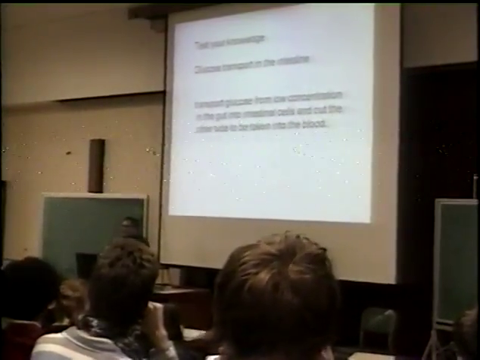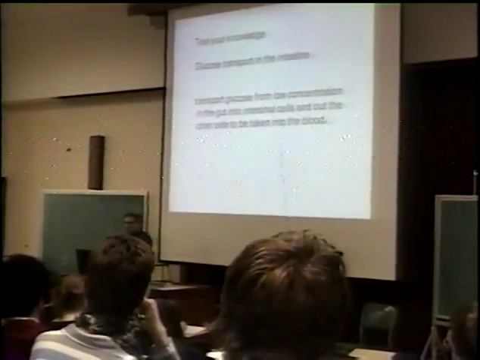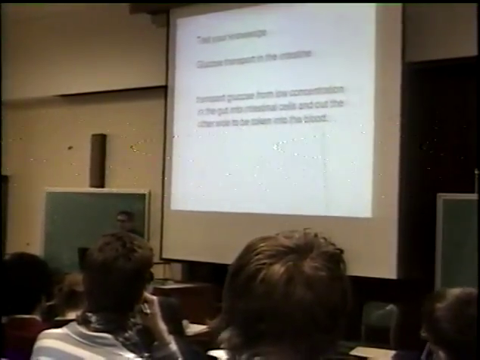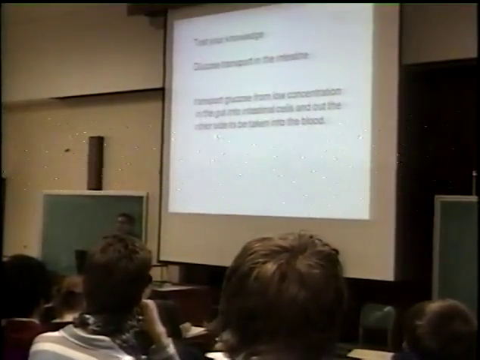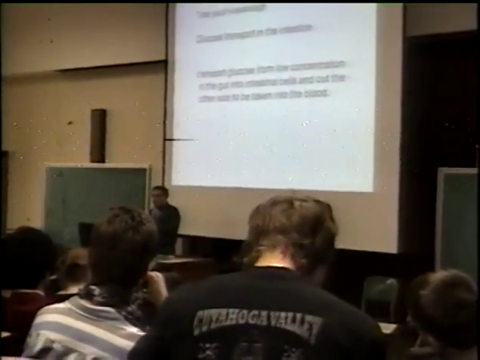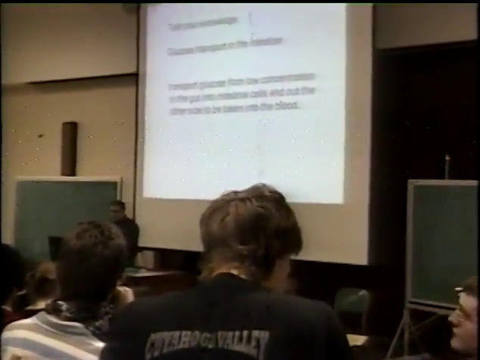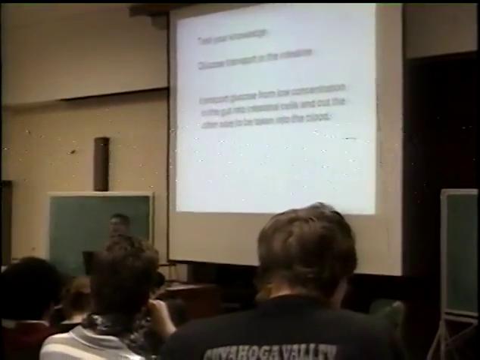So in your groups, come up with a model. You have a variety of ways of thinking about transport and how things might move across cell membranes. There's lots of possibilities that could be valid for transporting glucose into and across an epithelial cell of the intestine. So see if you can come up with some ideas of how it might work.